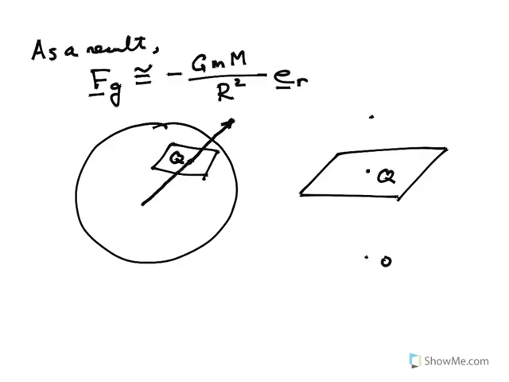So this direction from Q to P, the unit vector in that direction is ER, because it's the same unit vector that's in the direction from O to P, because Q is along the line from O to P. So this plane, which I've just drawn, this tangent plane, is what's called the local horizontal plane.